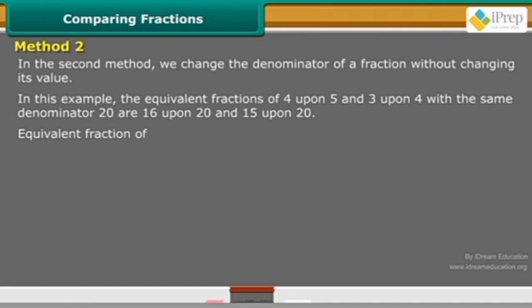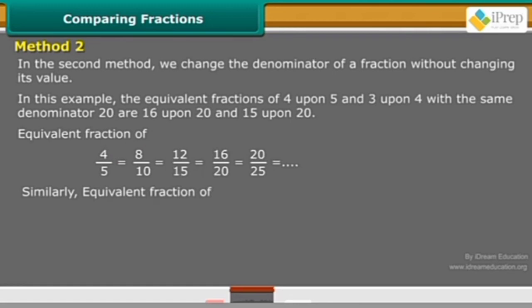Equivalent fractions of 4/5 are 8/10, 12/15, 16/20, 20/25 and so on. Similarly, equivalent fractions of 3/4 are 6/8, 9/12, 12/16, 15/20 and so on.